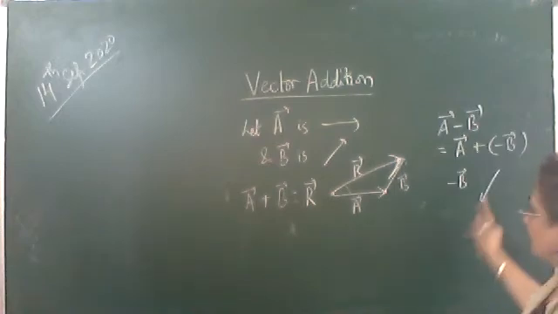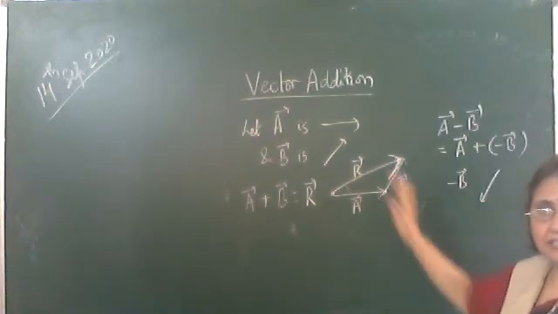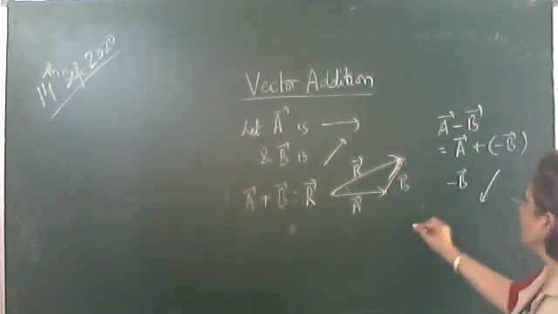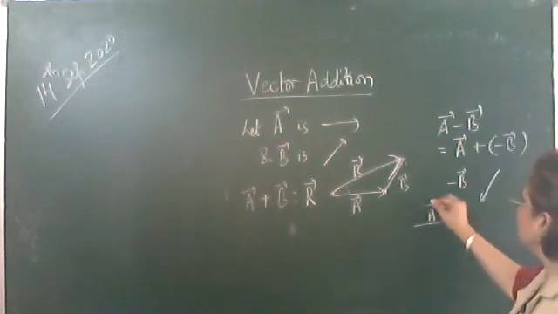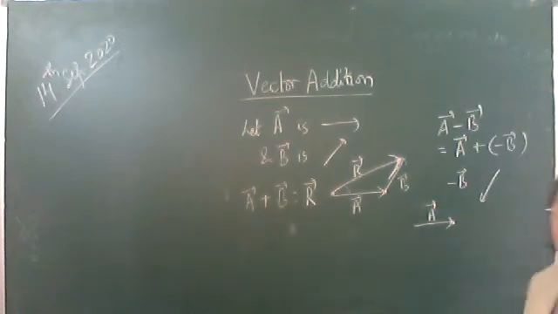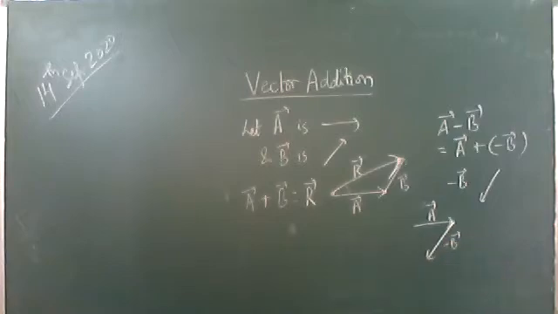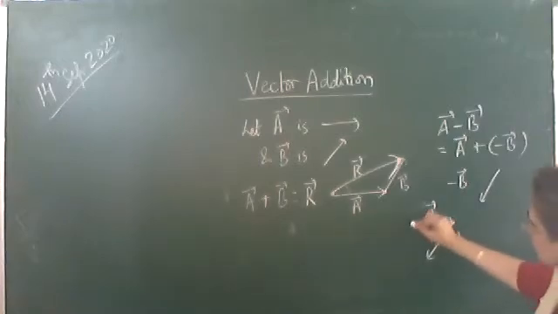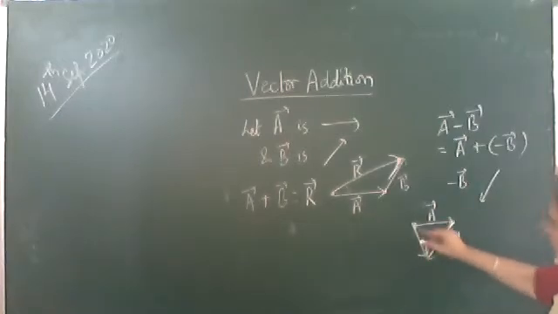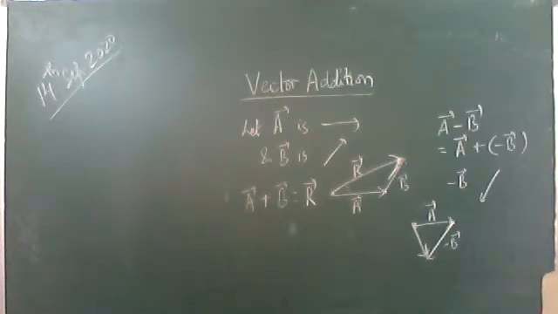Now add A vector to minus B vector in the same manner as we have discussed. First draw the A vector. Then from the head of the first vector, join the tail of the second vector, this minus B vector. The resultant is given by the tail of the first vector to the head of the second vector.